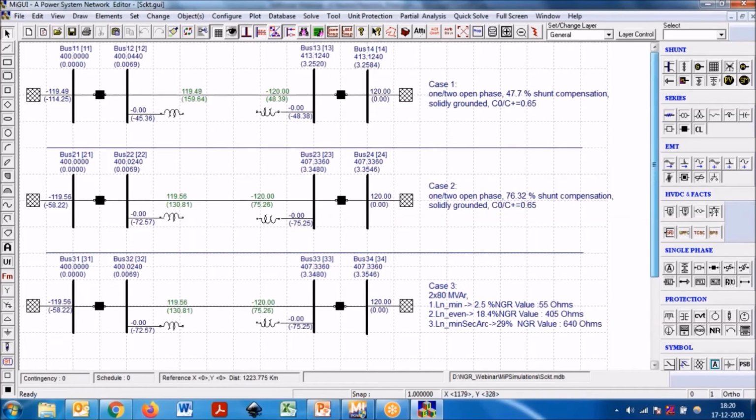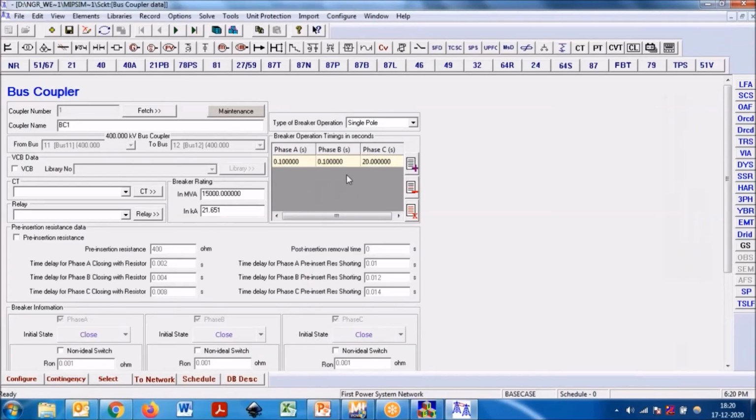Just a minute. Let me check. This is a 2-phase. First, let me do single phase opening.